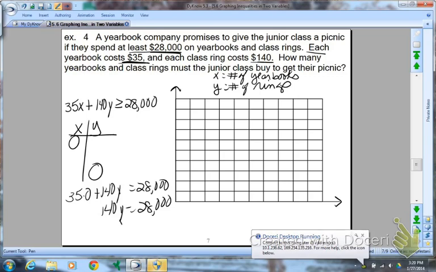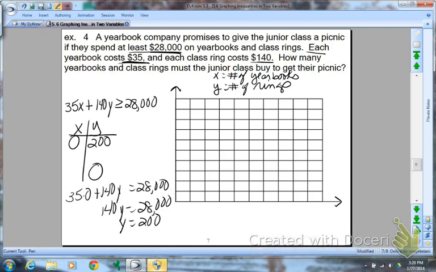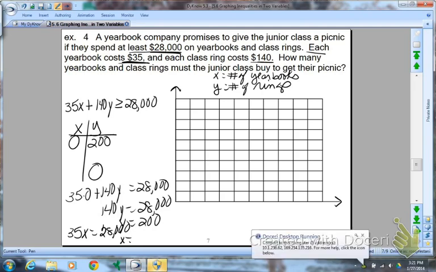So y is equal to 200. So when we want to find what x is, when y is 0, that's 35x is equal to 28,000. Again, a calculator comes in handy. And I get 800. So x is equal to 800.